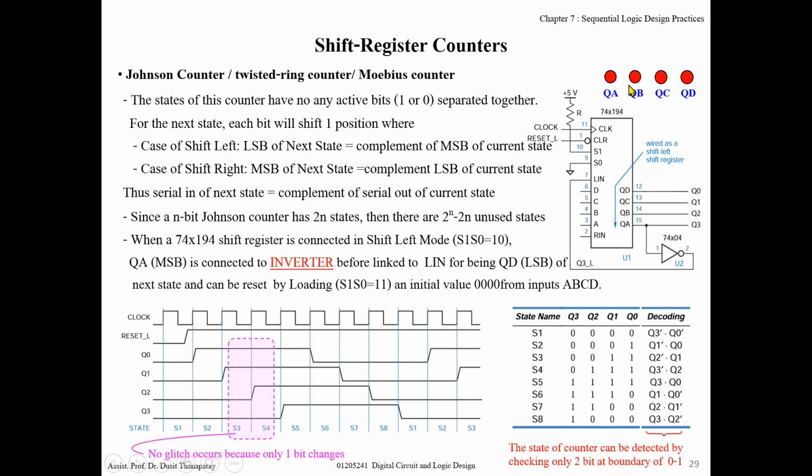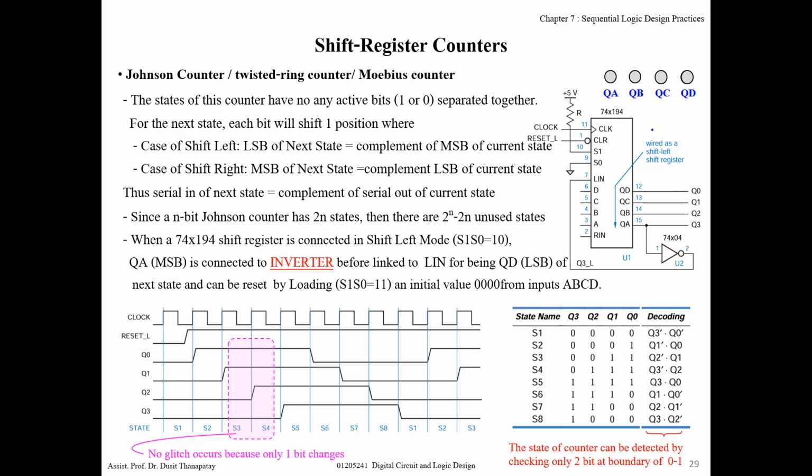And after that, when the clock ticks, they turn off one by one. This behavior is called a twisted ring counter or Johnson counter.